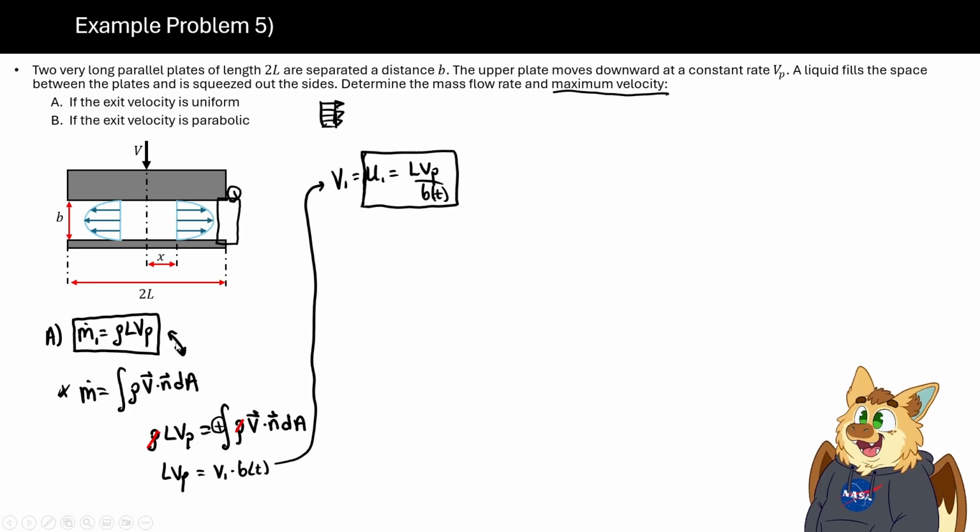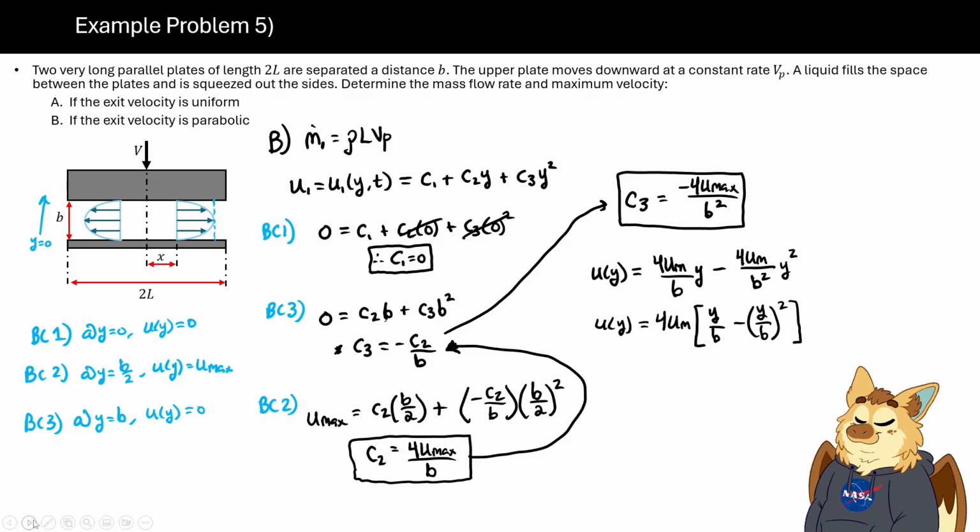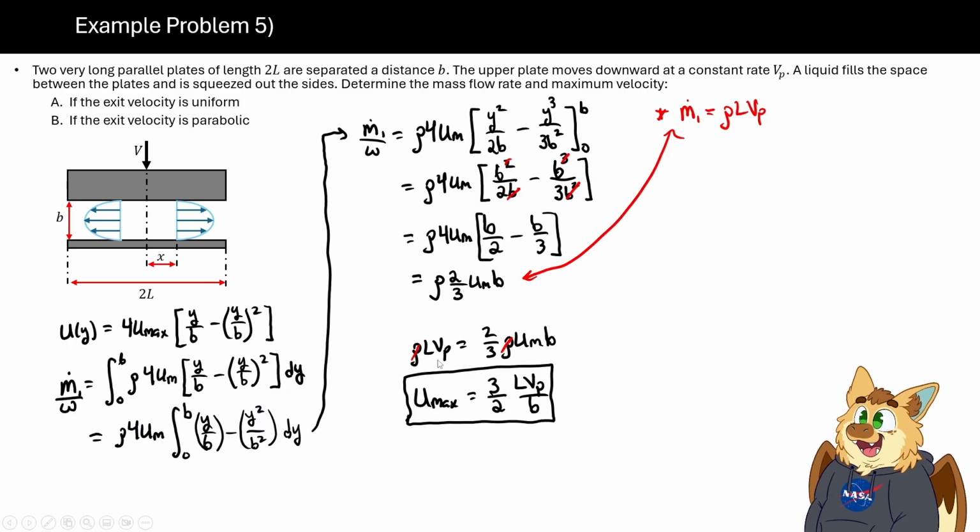Some people just don't think to equate those to each other, but you definitely can, and that's how you solve for your max velocity. With the uniform profile, our maximum velocity is one single value because it's equal across the entire face. But with the parabolic velocity profile, we had to actually integrate when we used our mass flow rate equation.